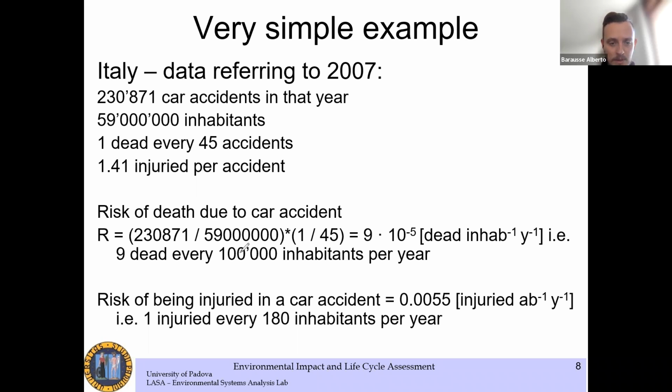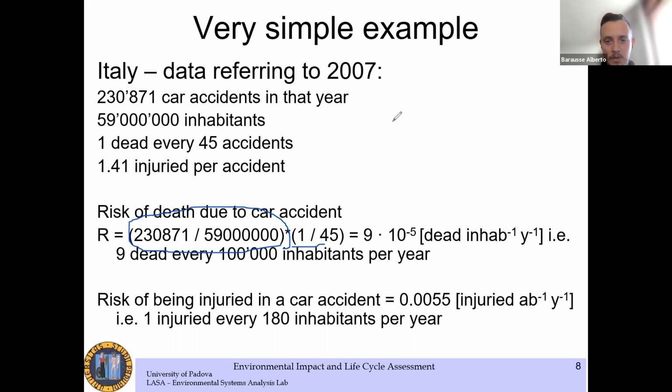This bit here is the probability of you being involved in a car accident. This is a rough calculation, of course, because not everybody uses a car, but this is just for the sake of simplicity. And this is the magnitude, 1/45. So the risk is 9 dead every 100,000 inhabitants per year.